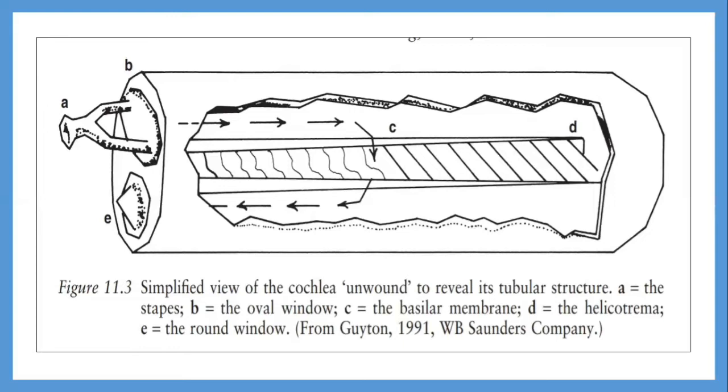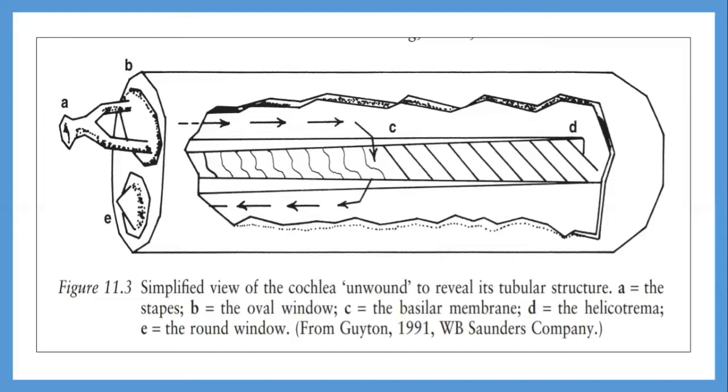This sets up a traveling wave in the cochlea. At a certain point along the cochlea, the basilar membrane is just the right thickness to resonate at the particular frequency of the cochlear wave. At this point, maximum vibratory amplitude will occur.